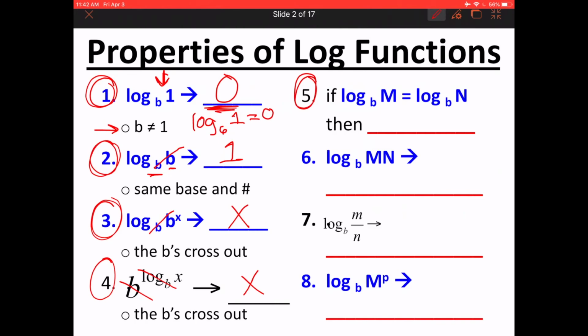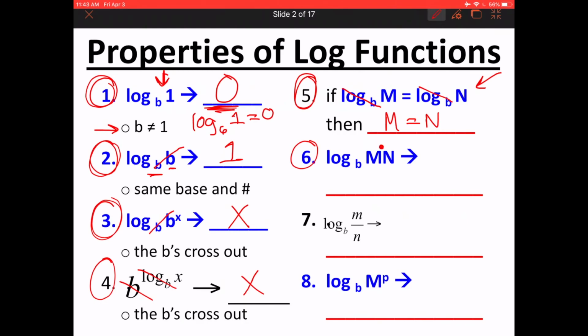For my fifth property, if log base b of m equals log base b of n, then notice again, the log b on the left cancels out the log b on the right of the equal sign, so m equals n. For property number 6, log base b of m times n.